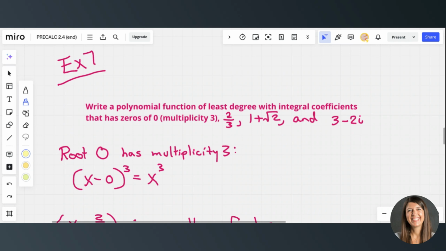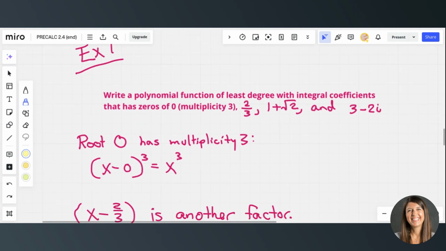We want to have the least degree with integral coefficients. So that means that the coefficients are integers and has zeros of 0. So the roots are going to be 0 with multiplicity 3, 2/3, 1 plus square root of 2, and 3 minus 2i. Okay, this is not going to be a short problem, so stay with me.